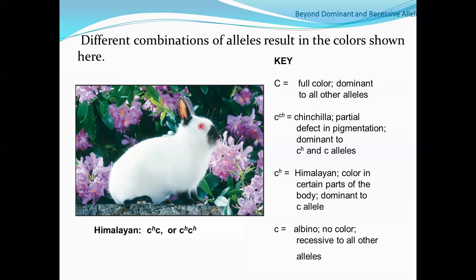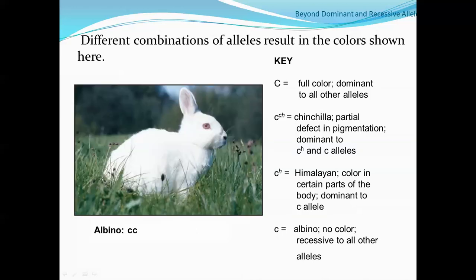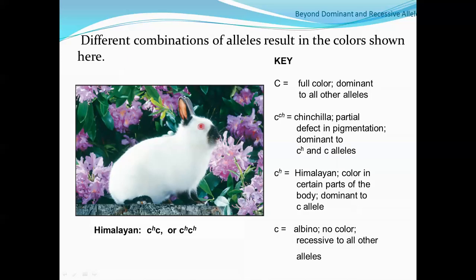It's not quite albino, which we're going to see in a second, because you can see it has colors on its nose and its ears and its feet. Our last one, albino, is solid white, and that is when we have two little c's, and that's the one that's recessive to all others. So that's what multiple alleles is. All these different alleles exist, however they don't exist in each individual.